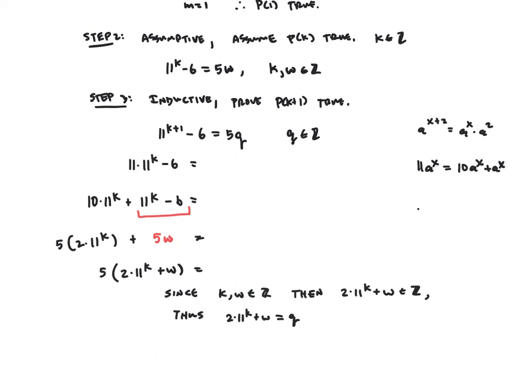Okay, let's look at why. 5 times some integer is going to equal 5 times an integer. Therefore, we could say that 2 times 11 to the k plus w is equal to q.